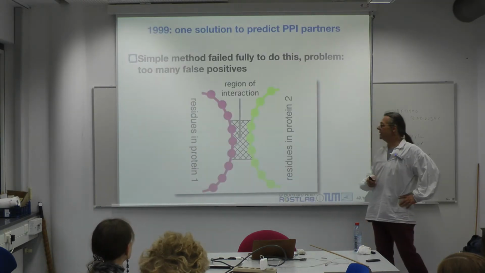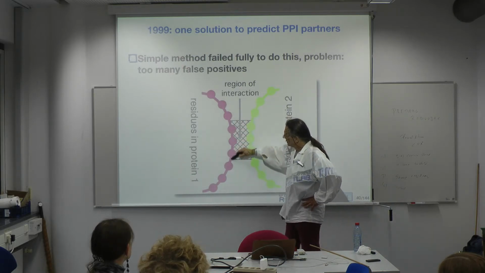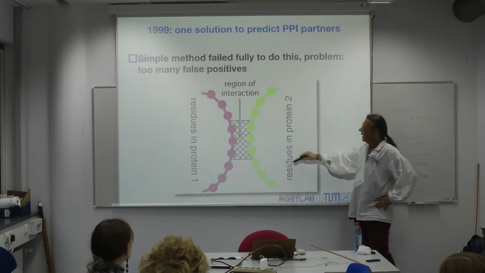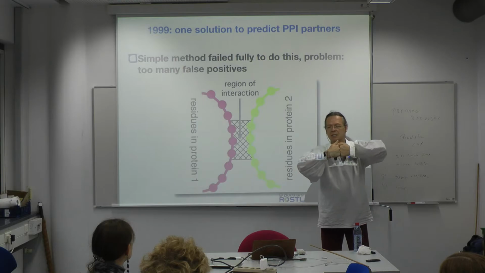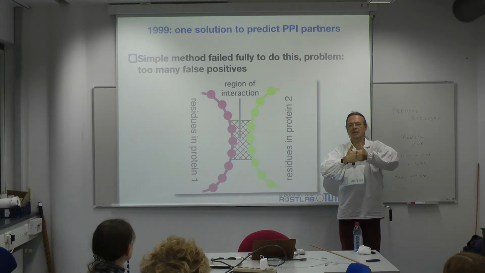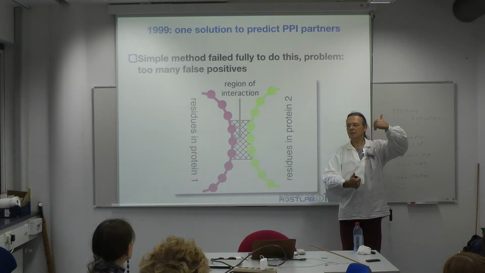The first way I did it is I looked at a window of 9 consecutive residues in protein 1, 9 consecutive residues in protein 2, and I tried to predict whether the central residue, in here it's 5, is in contact. And then I simply was sliding this window through the 2 proteins, right?